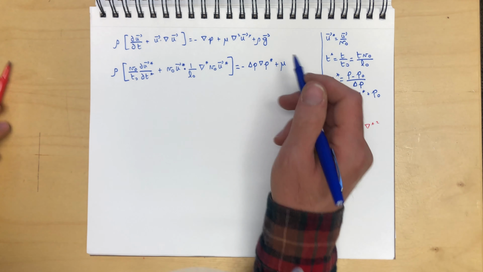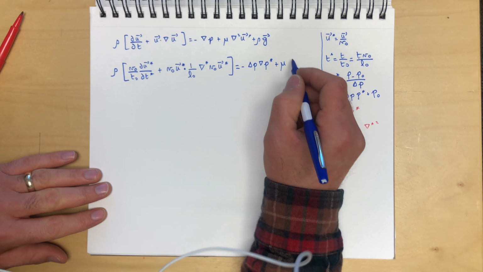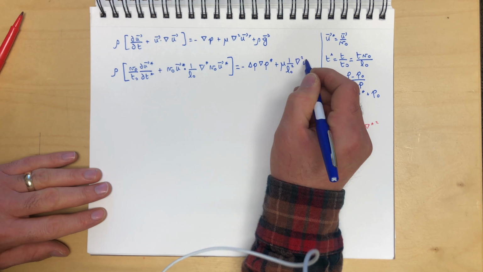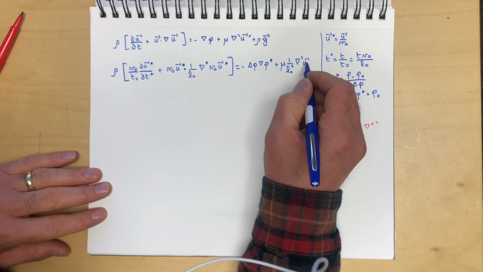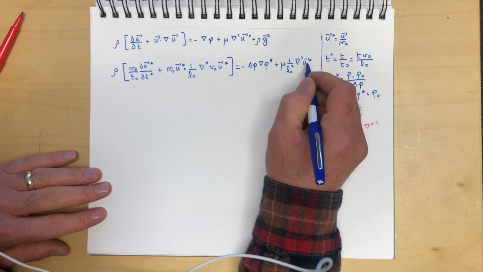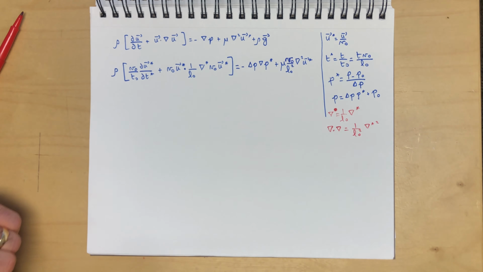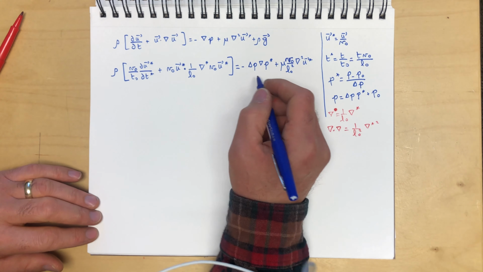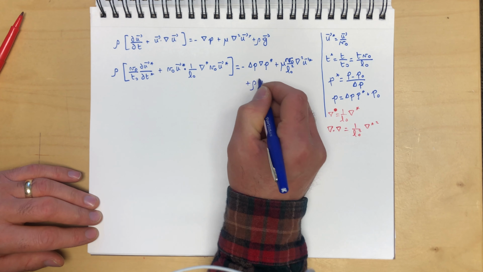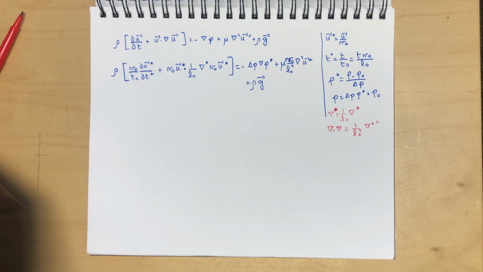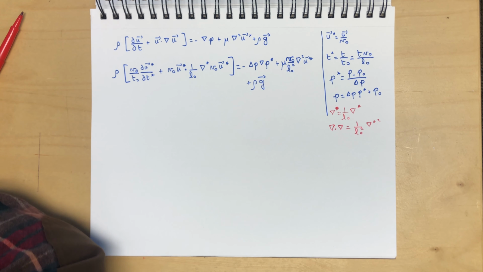So then we would have over here mu 1 over L0 squared del squared u, but then u is V0 u star, so I'm going to put V0 over here, plus rho g. Okay, this is a very good first step that we started with.